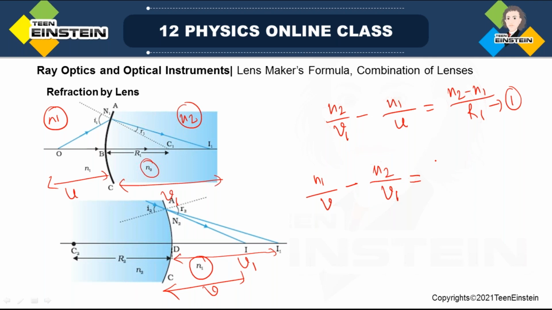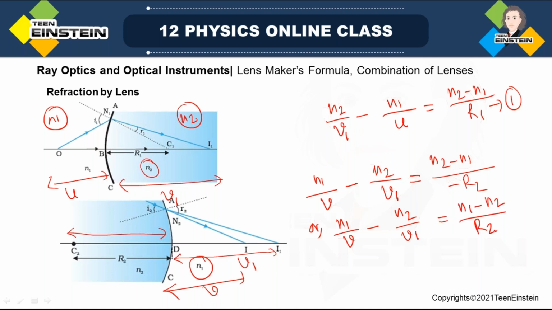Here we write N2 minus N1 over the radius of curvature, which is taken this way, so it will be minus R2. Rewriting, we get N1 by V minus N2 by V1 is equal to N1 minus N2 over R2. This is equation number 2.